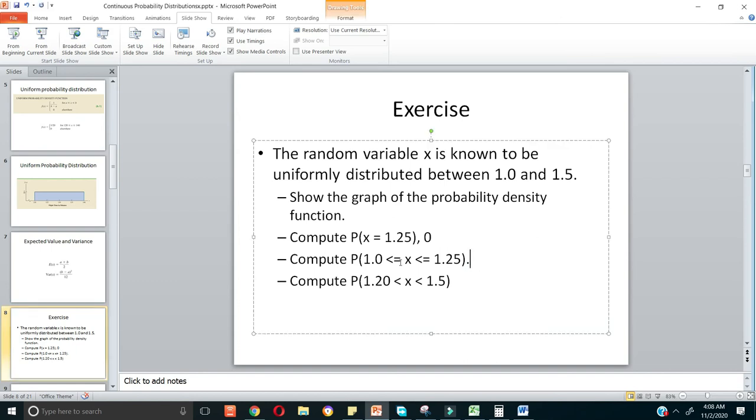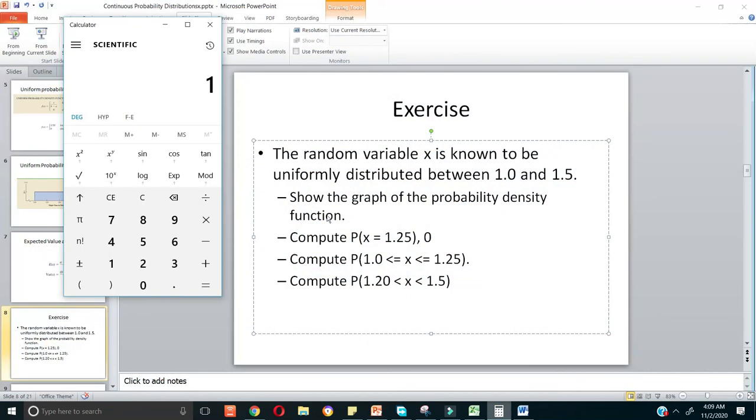Then the probability that you're between 1 and 1.25. This is quite easy. You already know the height of the graph: 1 divided by 0.5, which is 2.